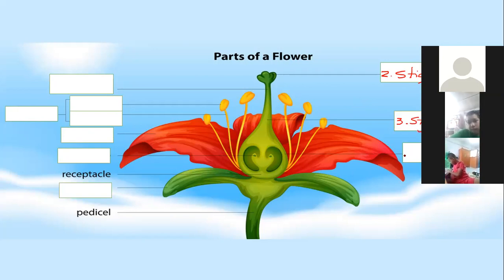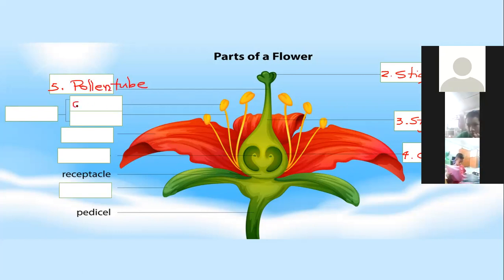Number 4. Ovary. Very good. This is ovary. Okay, number 5. Pollen tube. Very good. This is pollen tube.